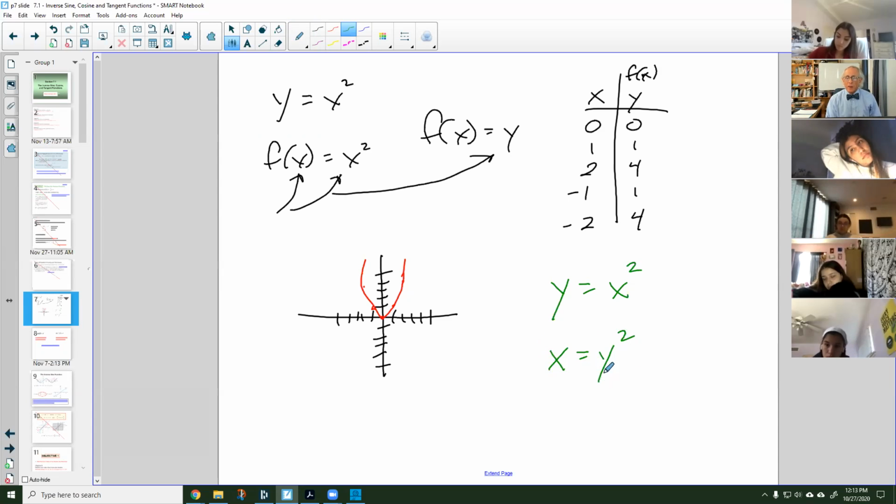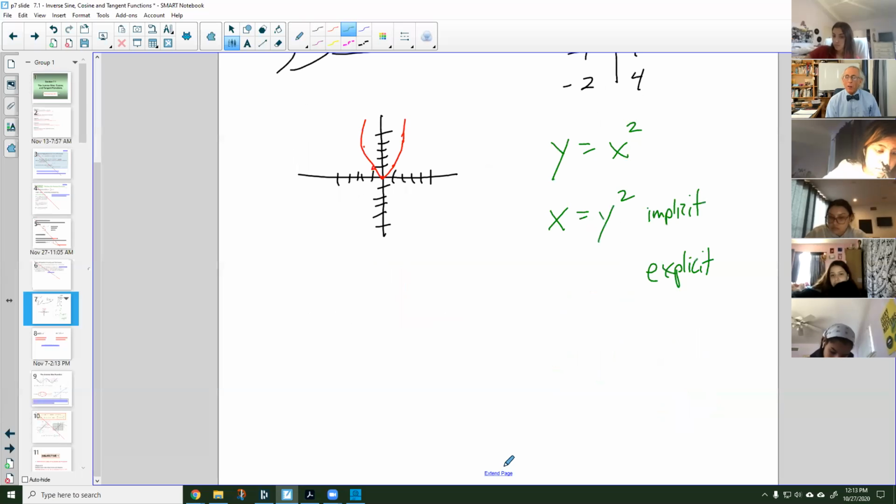This right here, x equals y squared, is called the implicit inverse. And frequently what we want is an explicit inverse, which means solving for y. I want y all by itself so that it's just like a typical function.